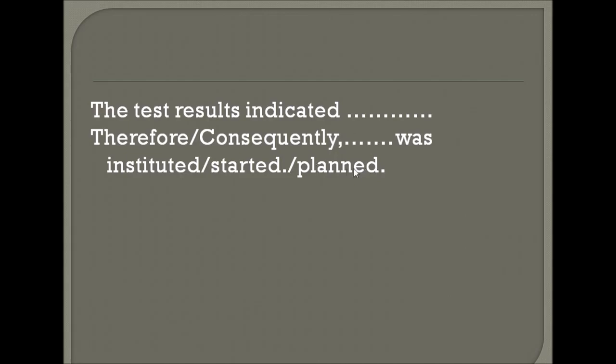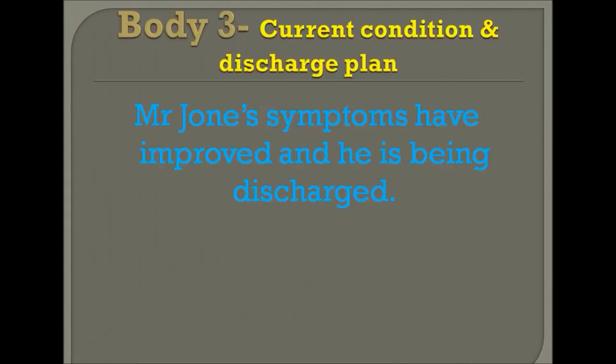Consequently, laparoscopic appendectomy, laparoscopic cholecystectomy was planned. You can write like this, or consequently, some other medication like ceftriaxone or dexamethasone was instituted or started. So keep in mind these templates and put the information from your case notes. Okay guys, let's move forward.